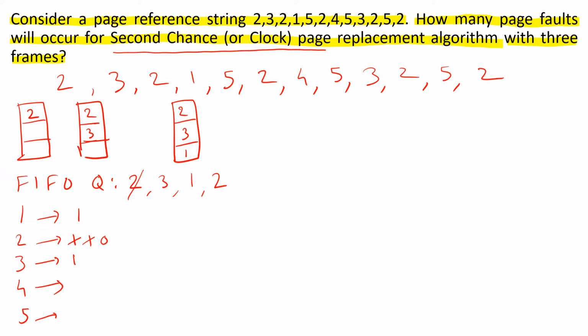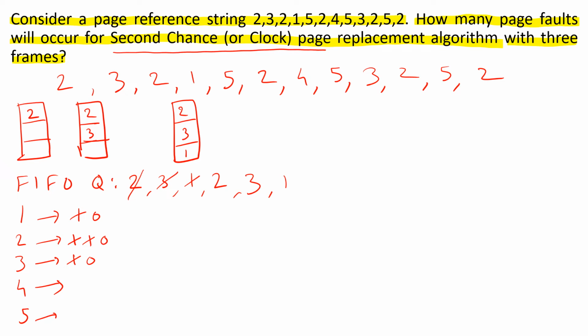Then we look at the next page, page number 3. We remove that page from the queue and look at its reference bit. The reference bit for page 3 is also 1. So we give this page a second chance and bring that page into the queue again. Then we look at page number 1. Page number 1 is removed from the queue, but the reference bit for page 1 is 1. So we give this page a second chance and insert that page onto the queue again.